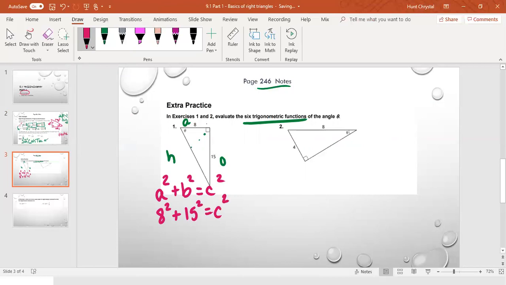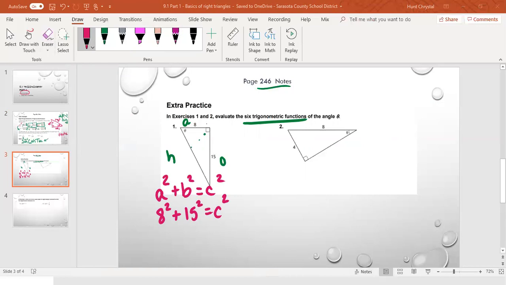So we're going to do 8 squared plus 15 squared, which would be 64 plus 225, I believe.